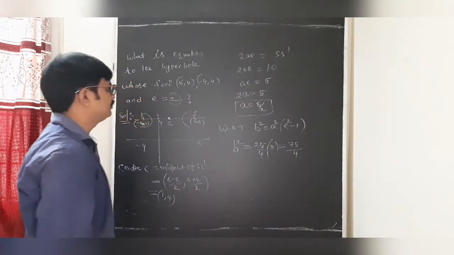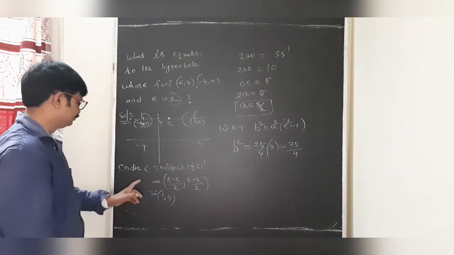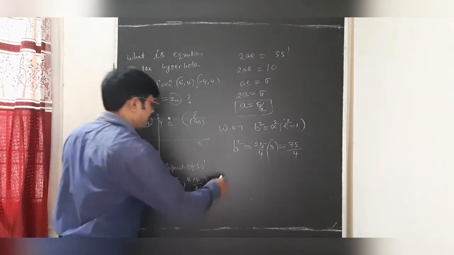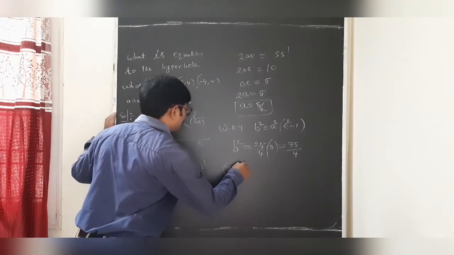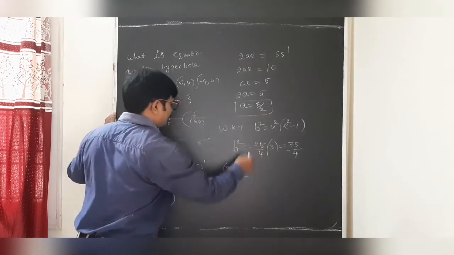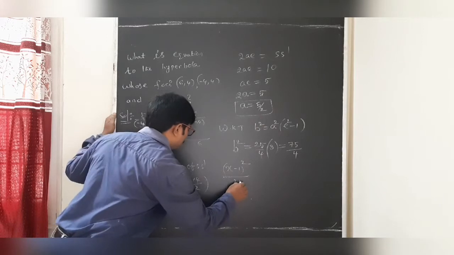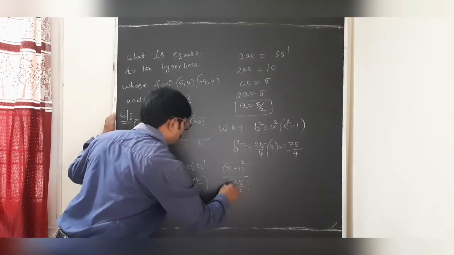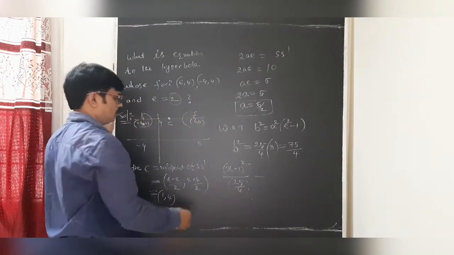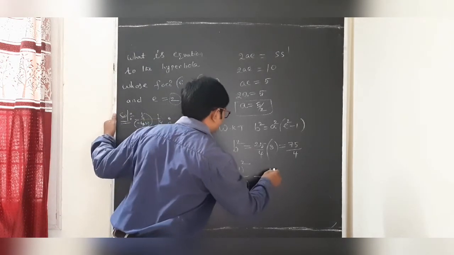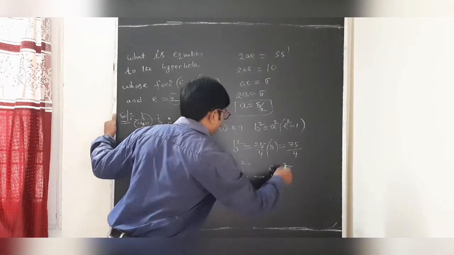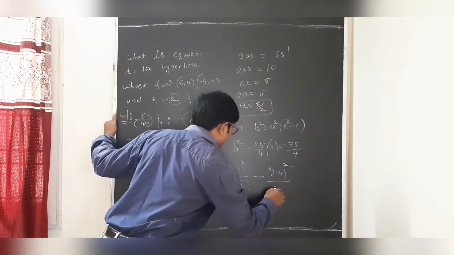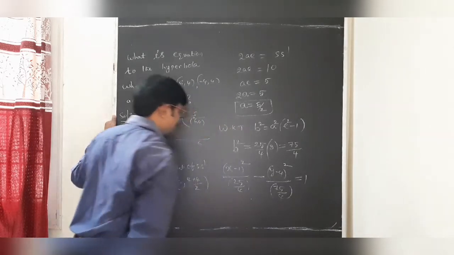Now the equation of the hyperbola having center (1, 4) we can write as (x minus h) whole square, that is (x minus 1) whole square by A square, which is 25 by 4, minus (y minus k) whole square, that is (y minus 4) whole square by B square, which is 75 by 4, equal to 1.